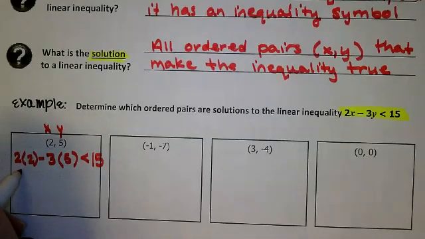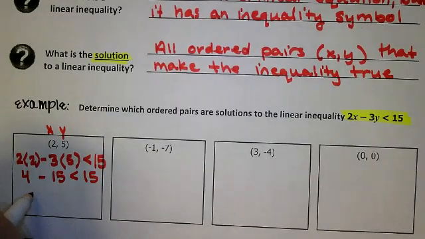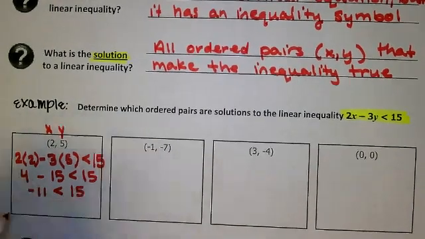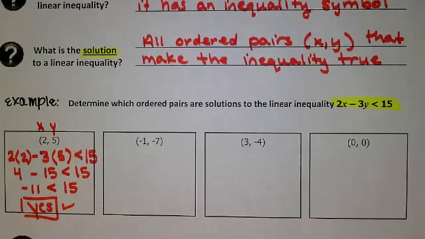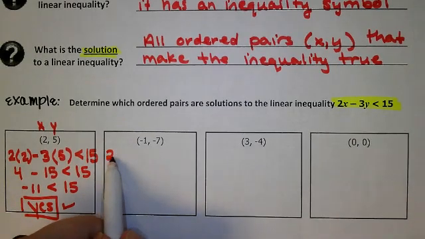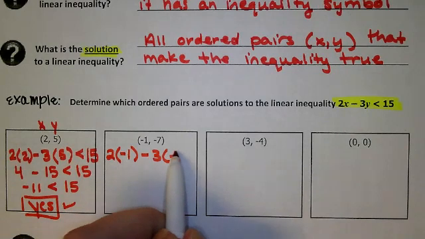So we have 4 minus 15. 4 minus 15 is negative 11. Is negative 11 less than 15? Yes, it is. This is a solution. Okay, so same inequality. We're going to plug in our x and y. Just watch out for the negatives. 2 times negative 1 minus 3 times negative 7.